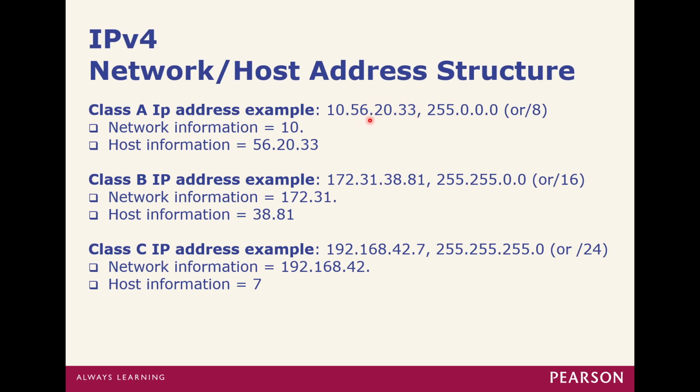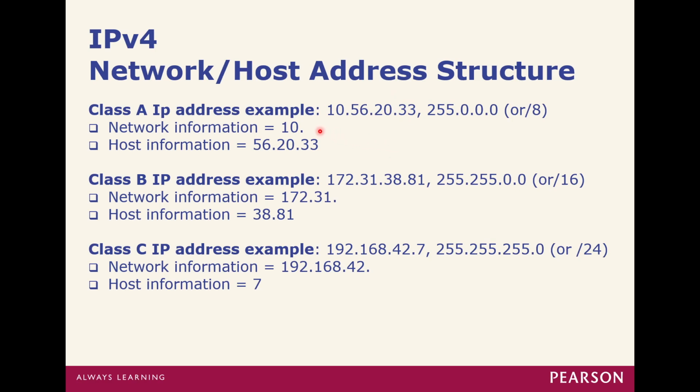So here you have 57, let's say for floor number 3, and 20 for room, I don't know, 120, and you can have up to 254 devices connected to that IP address. So it's a huge number.